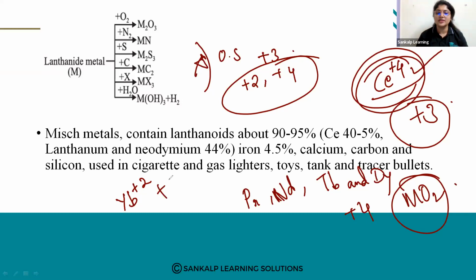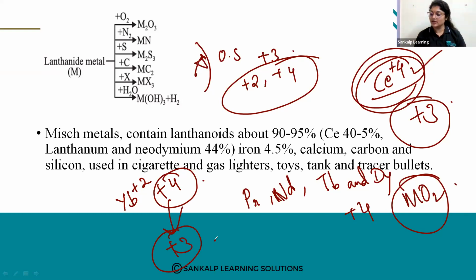It is a good oxidant or reductant, but it will get converted sooner and show the +3 oxidation state. So these are some of the important properties of lanthanoids.